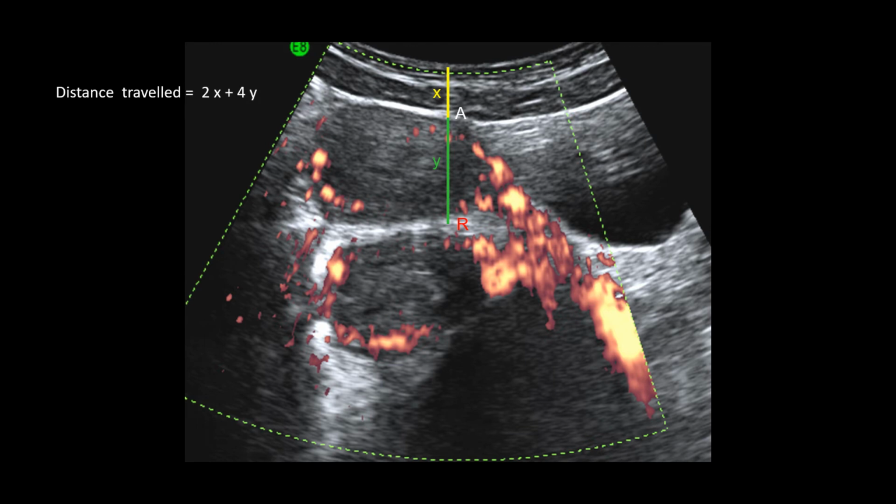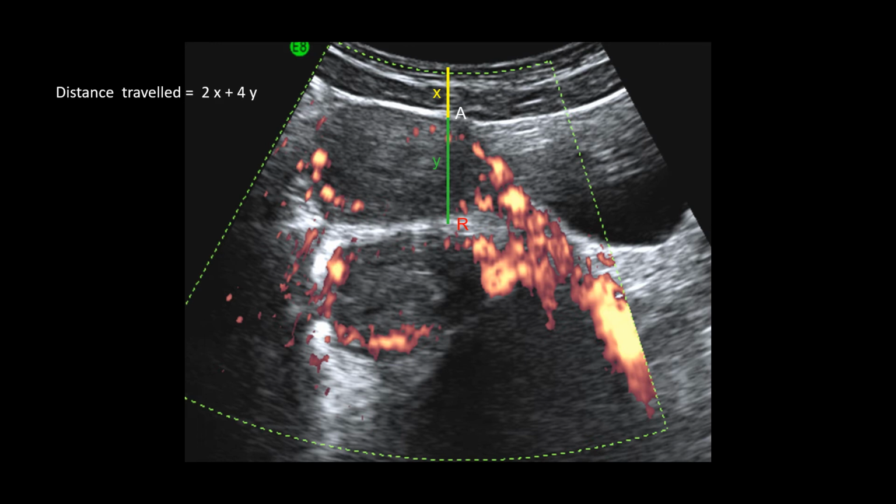The ultrasound machine does not understand all that. It understands only one thing: how long it took the impulse sent from the transducer to come back to it. When it comes back, the transducer does not know that the impulse has been reflecting back and forth here and there.